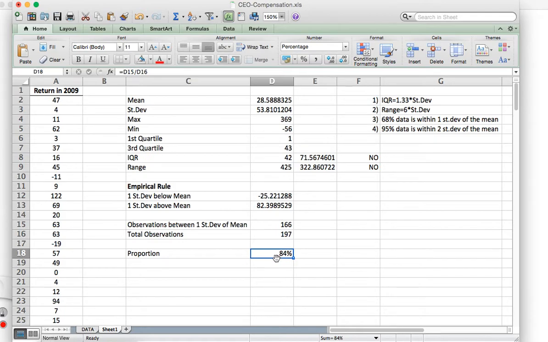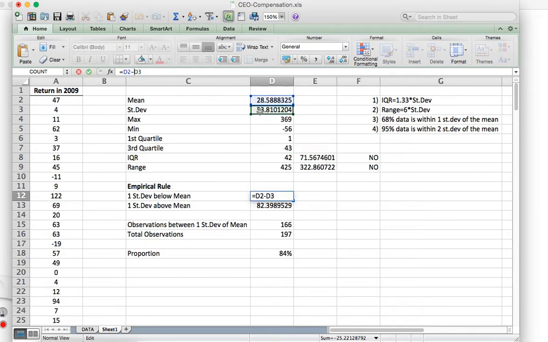Now, another thing to look at is how about two standard deviations of the mean? How many data points lie there? What I can do is calculate that as well, and then see if the proportion will be 95%. Rather than doing another calculation, I'll just change this to two standard deviations. We know that D3 is our standard deviation, so I'll just multiply D3 by 2.